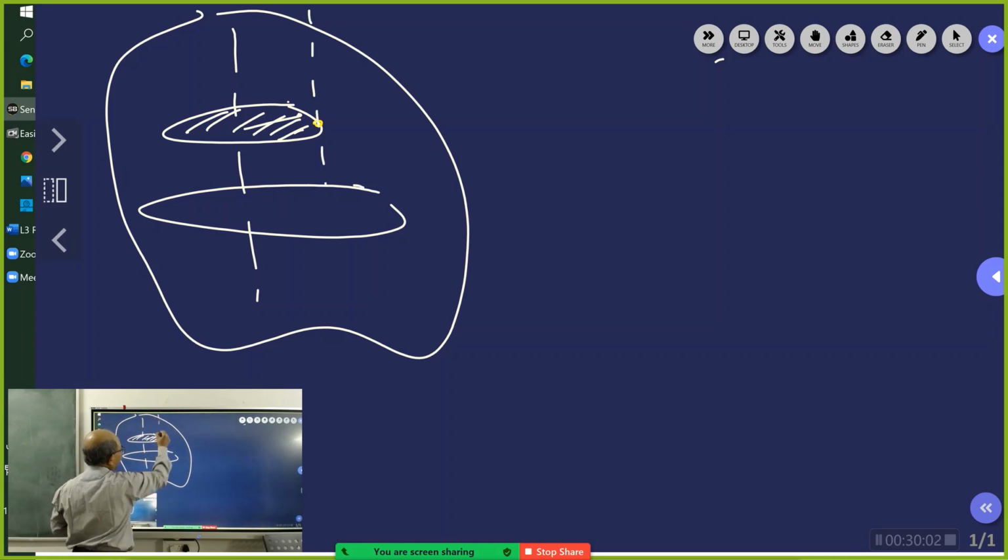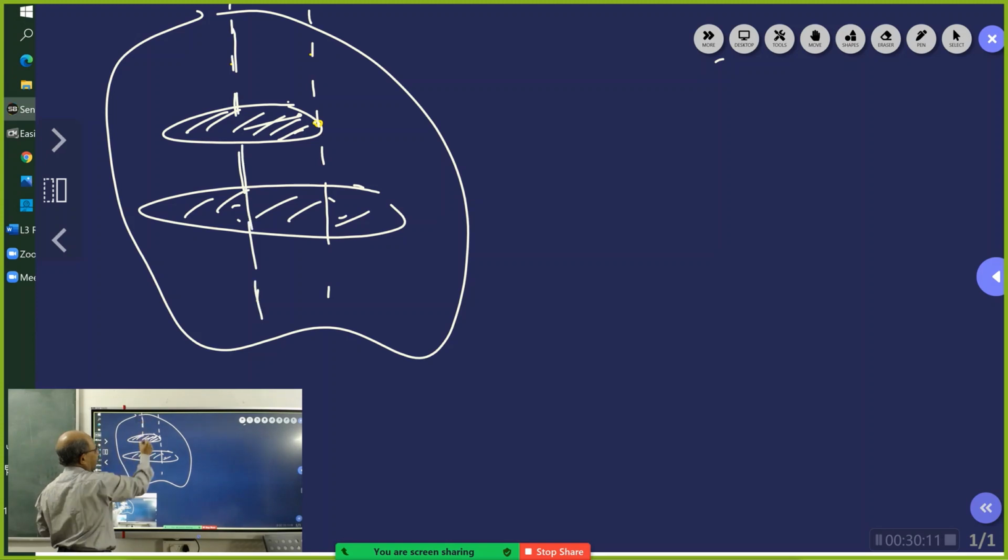Now I am going to draw a line parallel. Again, here there are particles, everywhere there are particles. So I am drawing a line parallel to the axis of rotation. This is the axis of rotation. I am drawing this line parallel to that, and now along this line this particle is intersecting and this particle is intersecting. Understand? So this particle is moving in the same circle as this.